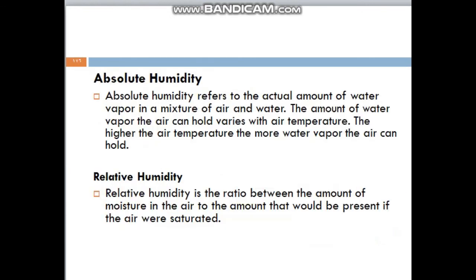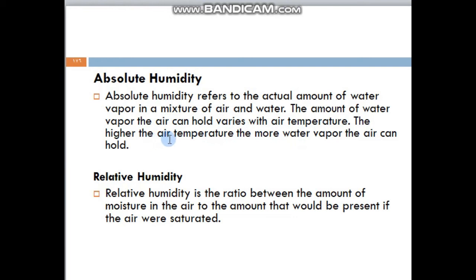We have two types of humidity: absolute humidity and relative humidity. Absolute humidity refers to the actual amount of water vapor in a mixture of air and water. The amount of water vapor the air can hold varies with air temperature.